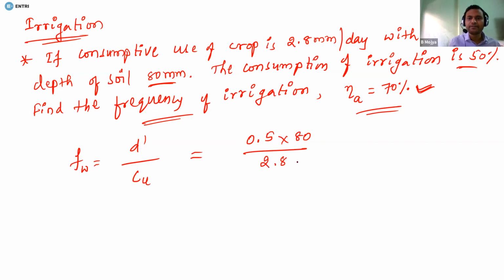If you simplify it, you get FW as 14.28 days. So the frequency of irrigation is 14.28 days. You can check with your answers whether you got the same. This was a quite simple question given for 1 mark.